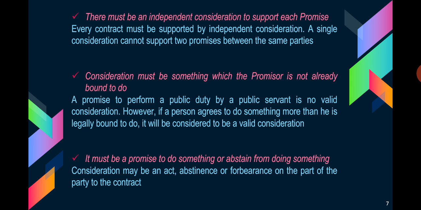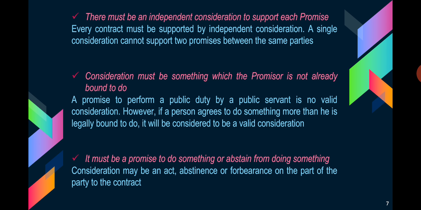To give you a small example, if a person could go and file a case against another person, and I give him some consideration and say that you should not file a case against me, it will be considered abstinence from doing something.